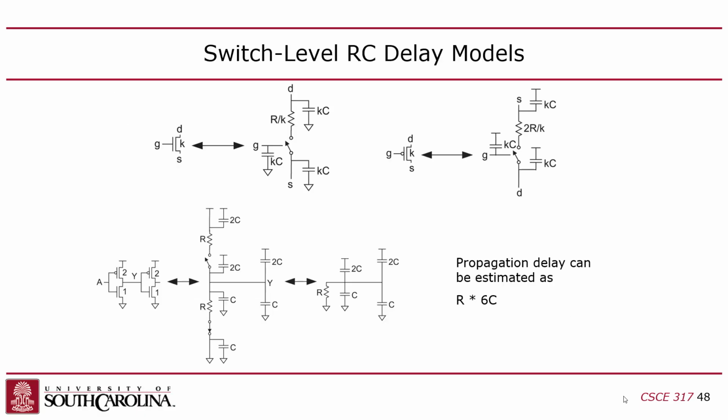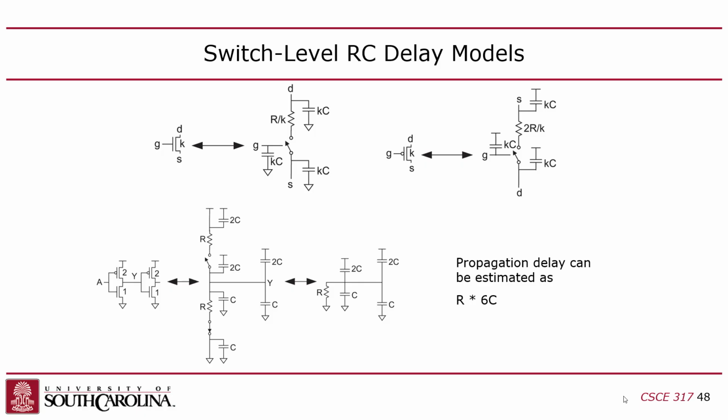Now, the problem here is that it's a little complicated because if you create a gate, let's say I have an inverter driving an inverter. This first inverter has two capacitors for the source and drain, right? But check this out. The source, which is the bottom terminal, is connected to ground, but its capacitor is also connected to ground.